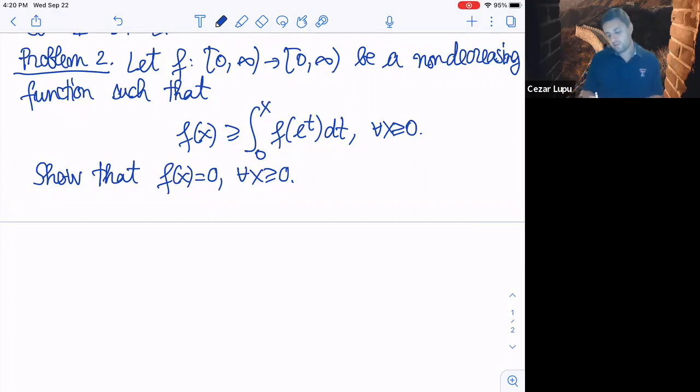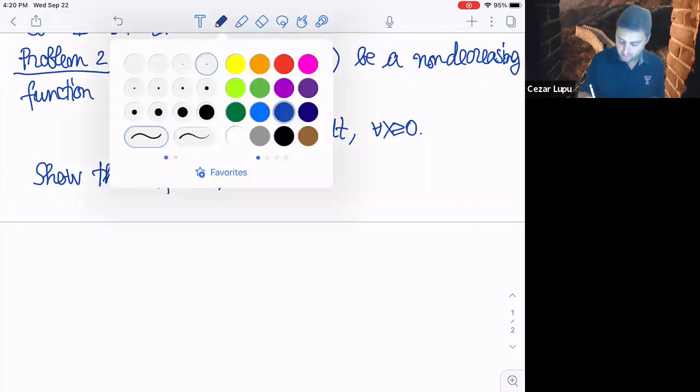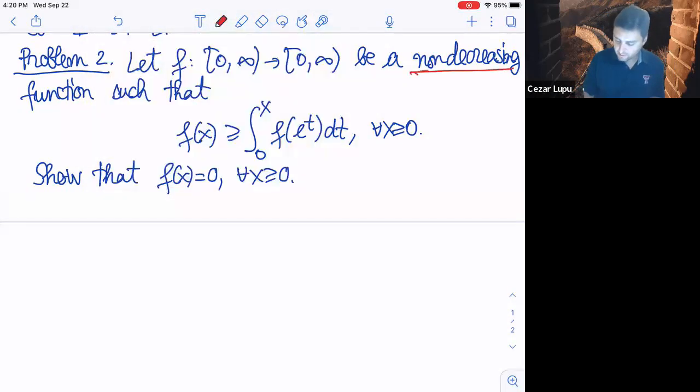All right, let's see. Usually when you have this kind of condition and the function is non-decreasing, that's an important piece of information, so maybe we should explore that at some point. Of course, any monotonic function is integrable, so I don't have any problems with that. I know the function is non-negative.